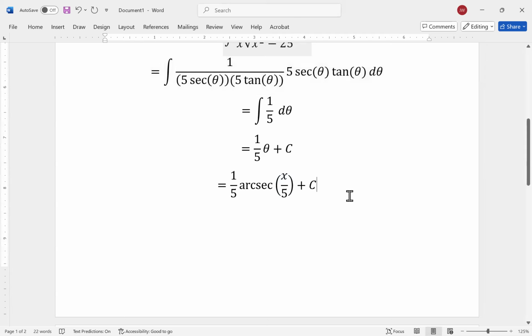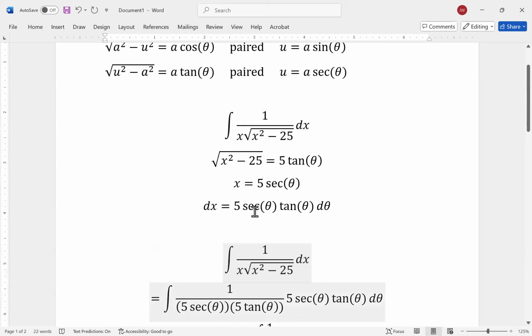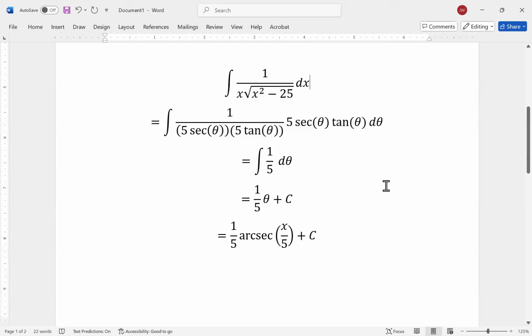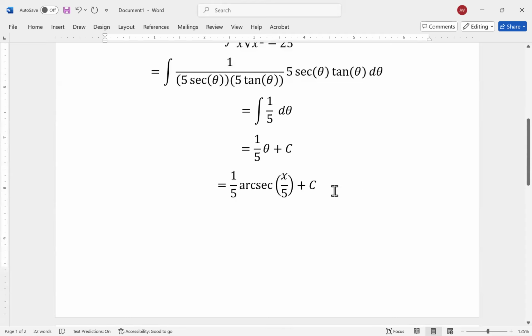Now, this is a really interesting result. What we're saying is that the derivative of arcsecant of x over 5 times 1/5 is actually this weird thing with a square root of x squared minus 25 in it. And if you look that up on some table, you would see that it's correct.